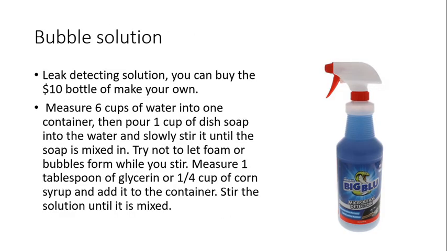Bubble solution. This is your best friend when you're looking for a leak on an air conditioning or heating system. When you're looking for any type of air leak, this is great. Now, Big Blue here costs about $10 a bottle, but there's a recipe I put on here that uses a 99-cent bottle from Walmart: 6 cups of water, 1 cup of dish soap, and a 1/4 cup of corn syrup.